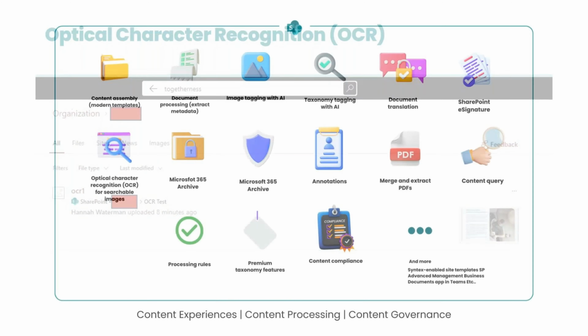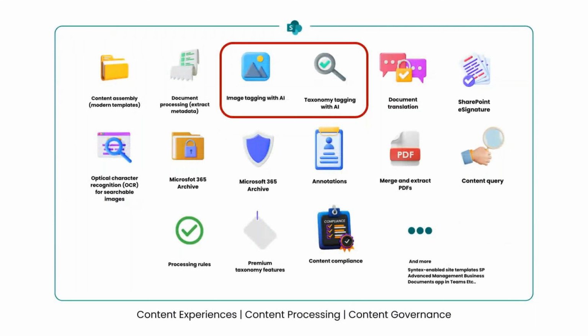Right, next slide. The next features to explore in content processing are image tagging and taxonomy tagging. Metadata plays a crucial role in search relevance and accuracy. If the content is not sufficiently tagged or categorized with descriptive metadata, users may struggle to find it through search queries. This results in abandoned queries, users not trusting the system to find what it is supposed to, and more.